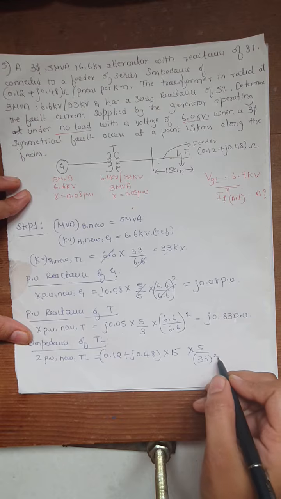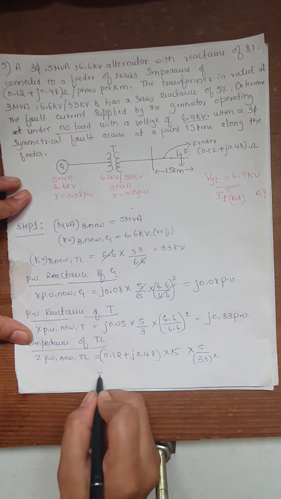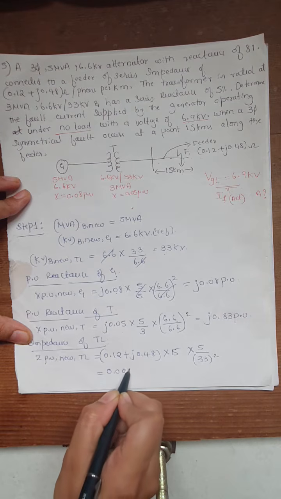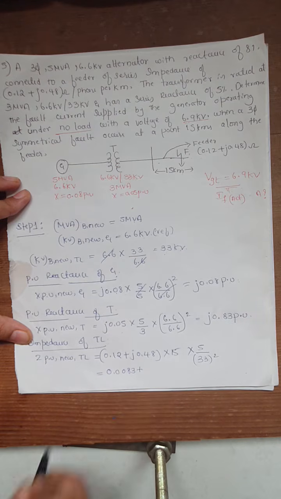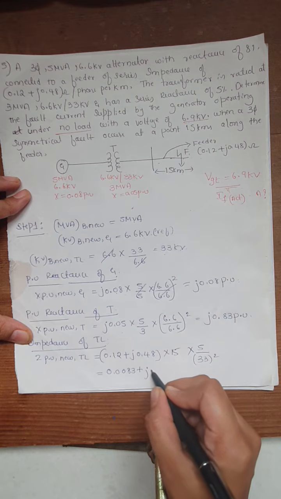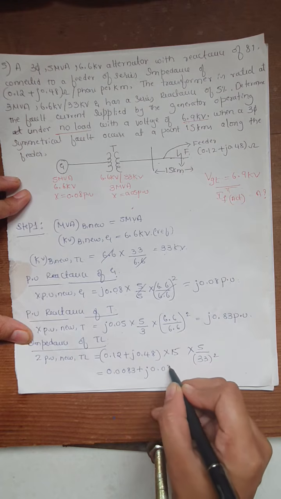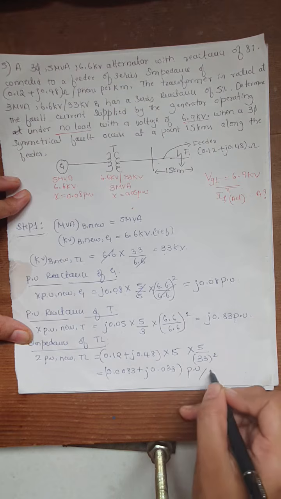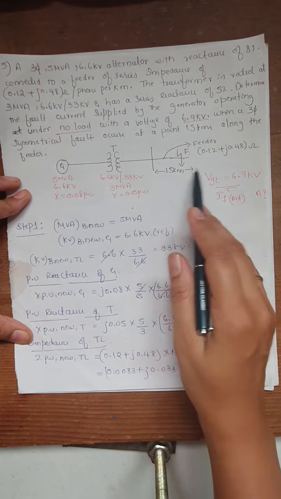After this calculation, I obtained Z per unit new as 0.0083 + j0.033 per unit. So this is the per unit impedance for the transmission line or the feeder.